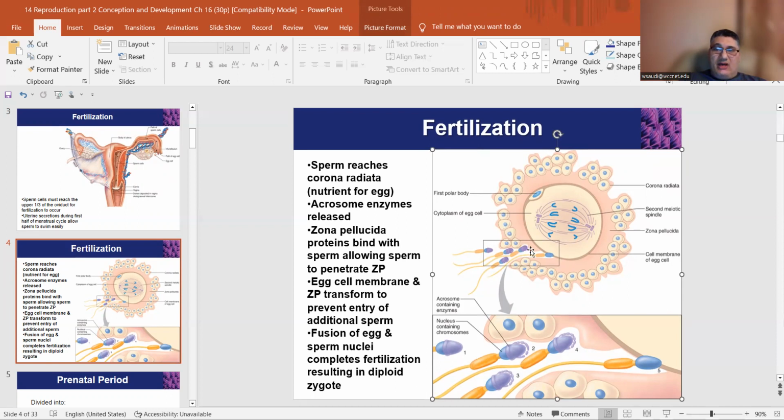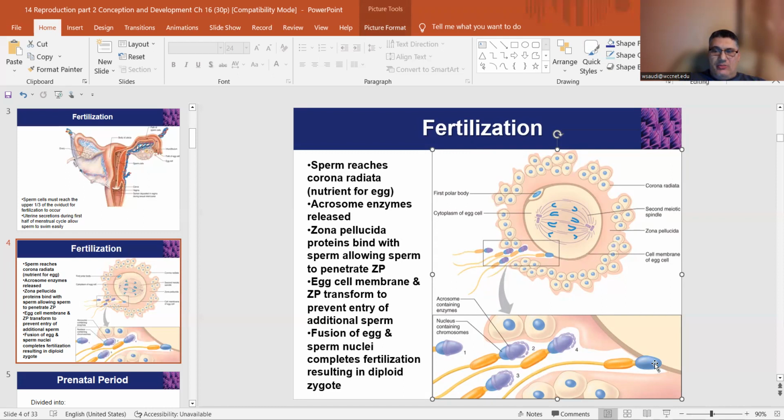Otherwise there would be pregnancy with 100 or 10 or whatever. So once one enters, it's like you go in and close the door. This zona pellucida becomes thicker and will prevent the rest from coming in. They're trying, but they will not be able to make it.